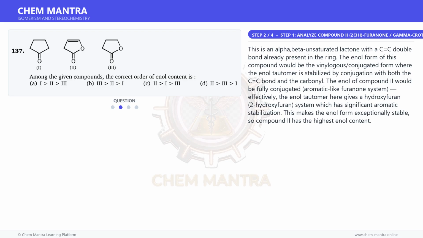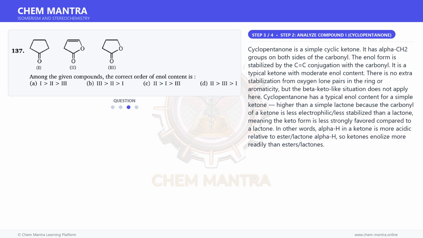The enol of compound 2 would be a fully conjugated, aromatic-like furanone system. Effectively, the enol tautomer here gives a hydroxyfuran system which has significant aromatic stabilization. This makes the enol form exceptionally stable, so compound 2 has the highest enol content.